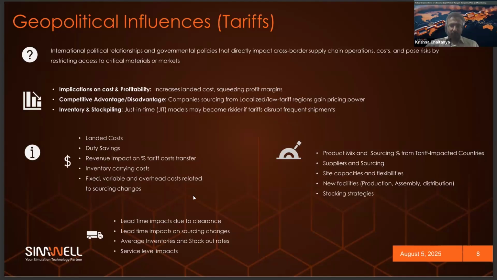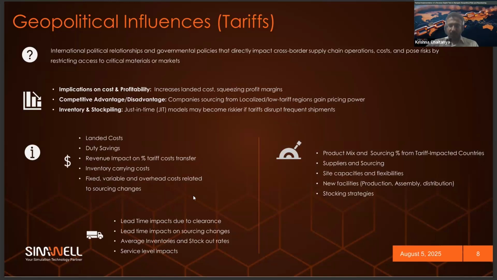Some of the levers that we can pull to check what we can do to make our supply chain better. One of them might be evaluating the product mix and sourcing percentage. For the tariff-impacted countries, on which products are the tariffs high, can we change the product mix and get a benefit out of it? Can we change the sourcing percentage from the country impacted by tariffs?